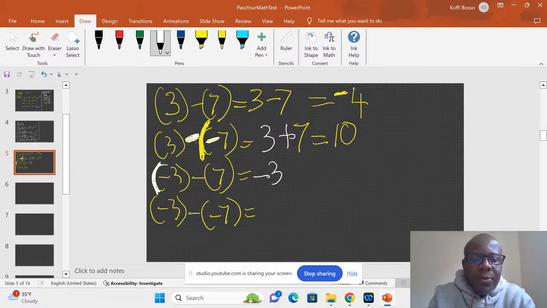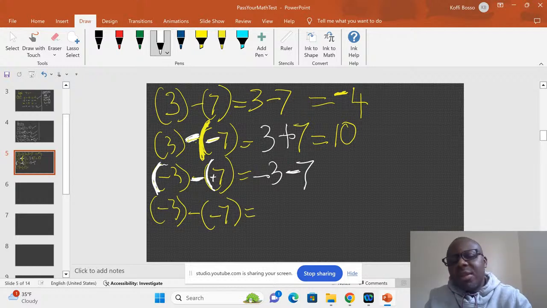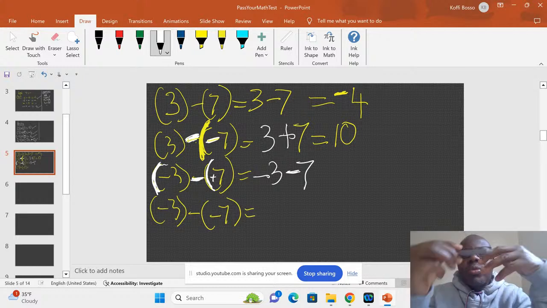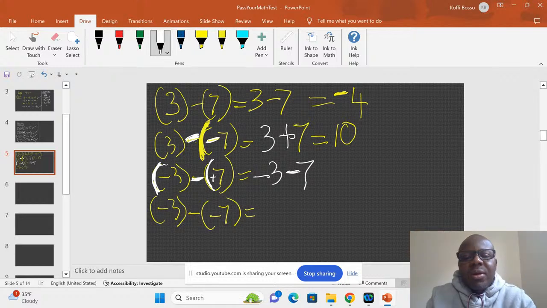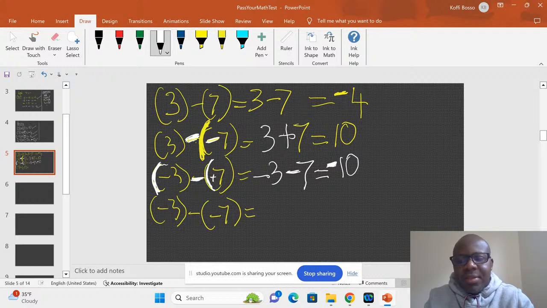Now here I have a negative, open parenthesis, and 7. But that 7 inside is positive 7, so I can put a little plus there. If you remove the parentheses, this gives me negative 7. So I have negative 3 minus 7. And remember, when we combine two numbers with the same sign, we add the numbers and keep the same sign. So I add 3 to 7, I get 10, and I keep the negative sign. So the answer is negative 10.